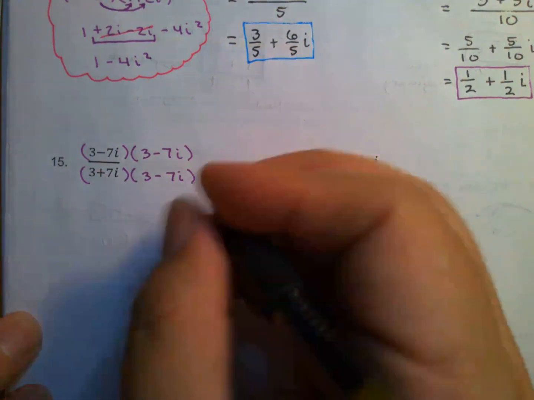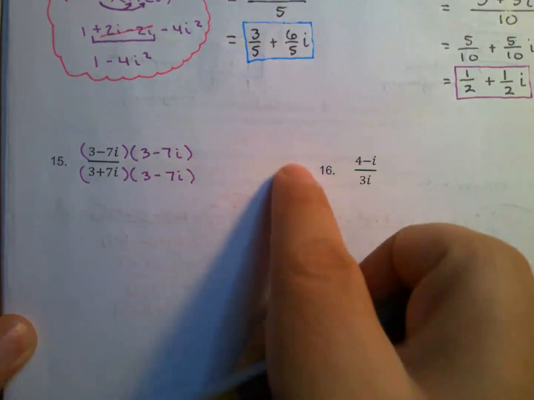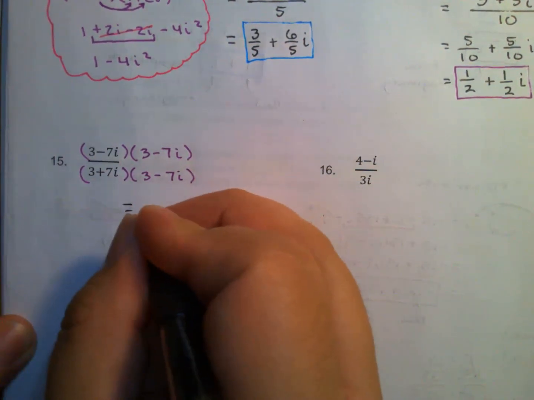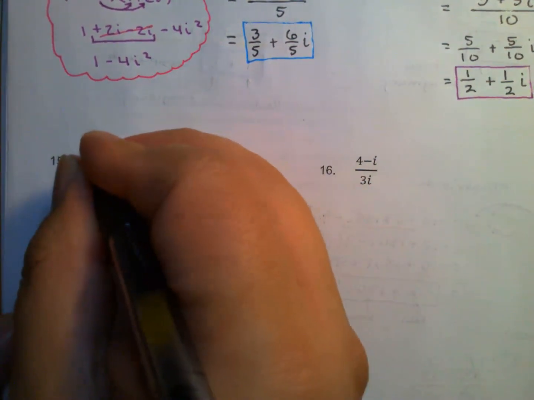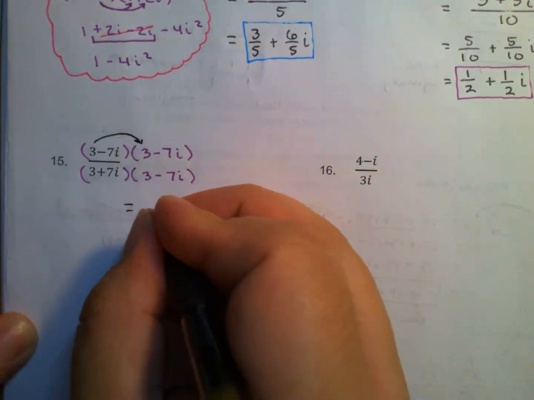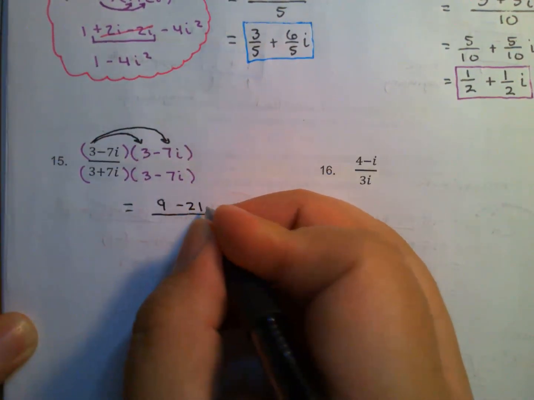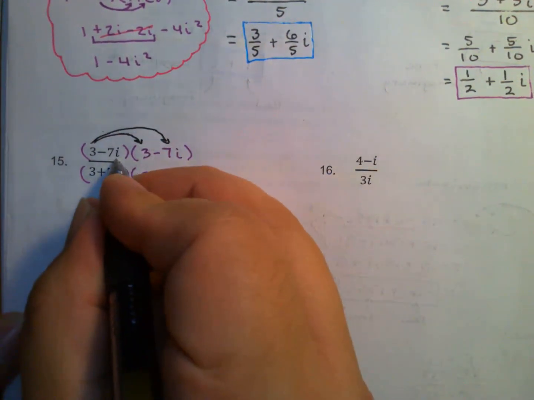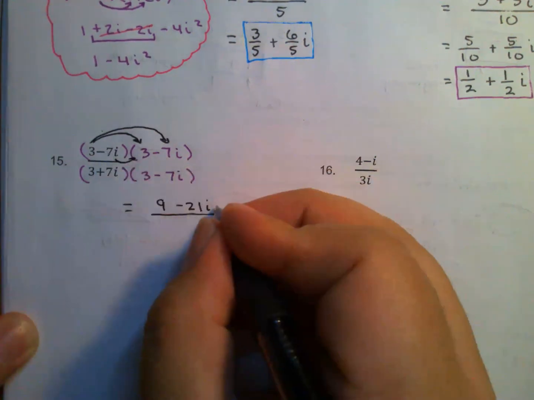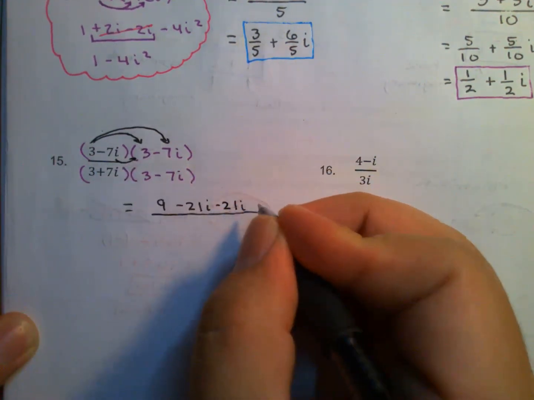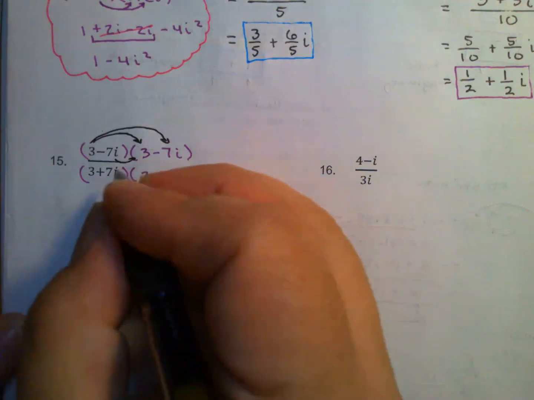So let's multiply it through. Let's see what happens. Let's write it down here. So there's the big fraction. All right, here we go. 3 times 3 is 9. 3 times -7i is -21i. 7i times 3 with the negative is -21i. See, they don't cancel. They're not different signs.